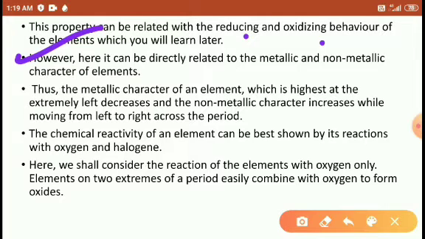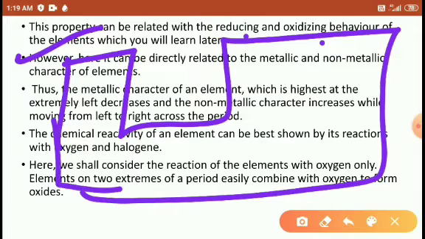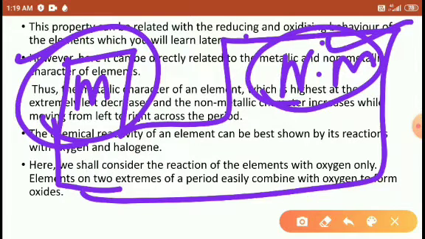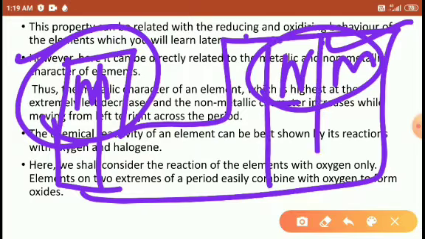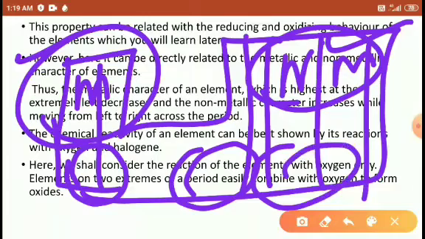So in the periodic table, the left hand side is metals and the right hand side is non-metals. Metallic character is high on the left hand side, non-metallic character is high on the right hand side, and metallic character again increases toward the bottom of the group. The bottom elements have higher metallic character as compared to the top.